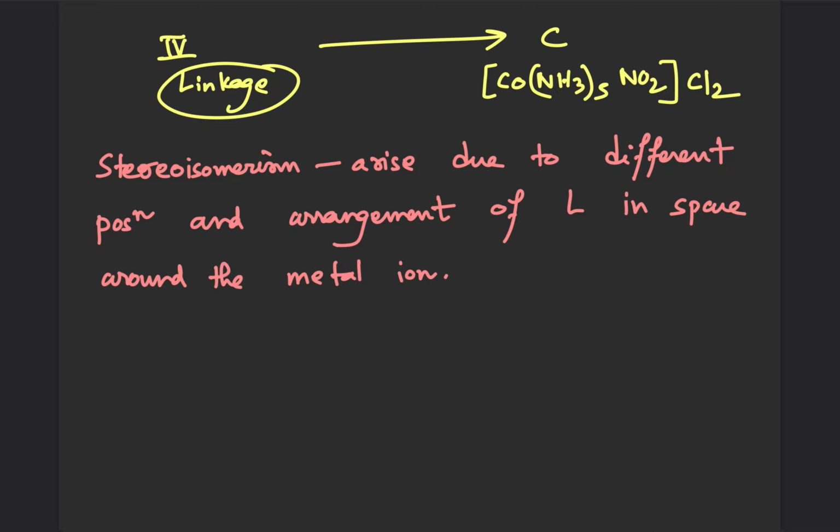So that's why stereoisomerism is also known as space isomerism. Here the arrangement of ligands in space is going to be different. It is of two types.